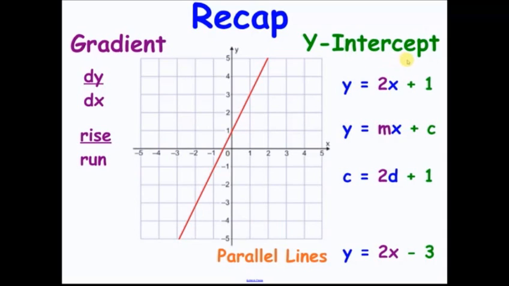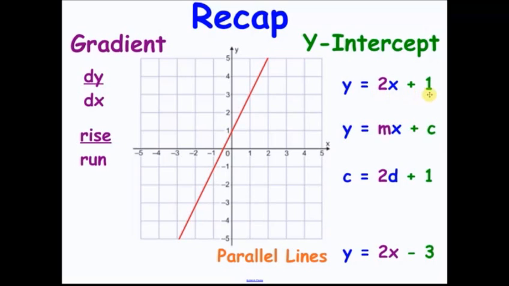The y-intercept is really quite straightforward. If you're given a graph, you can visually see where it cuts your y-axis. Here it is plus 1, and the plus 1 is very important because that's what you add to your x term, plus 1. If you need to find your y-intercept from the equation, it's the term added or subtracted to your x term.